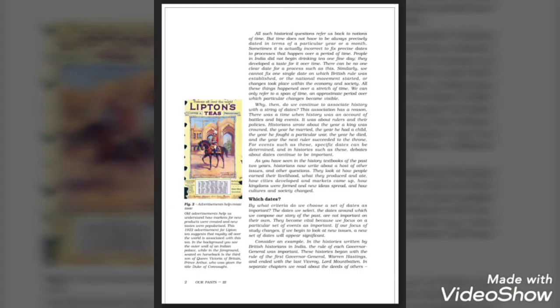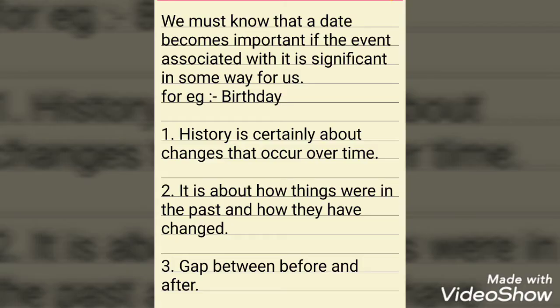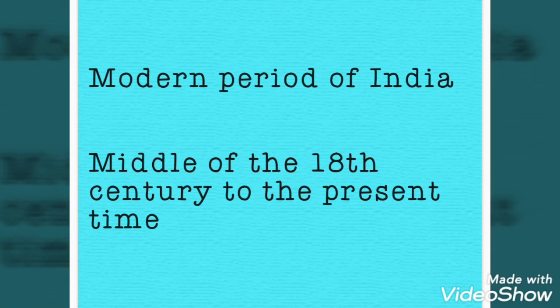So, we are trying to connect a link between what was before and what is after. That is why here in class 8, we are studying the modern period of India from the middle of 18th century to the present time.